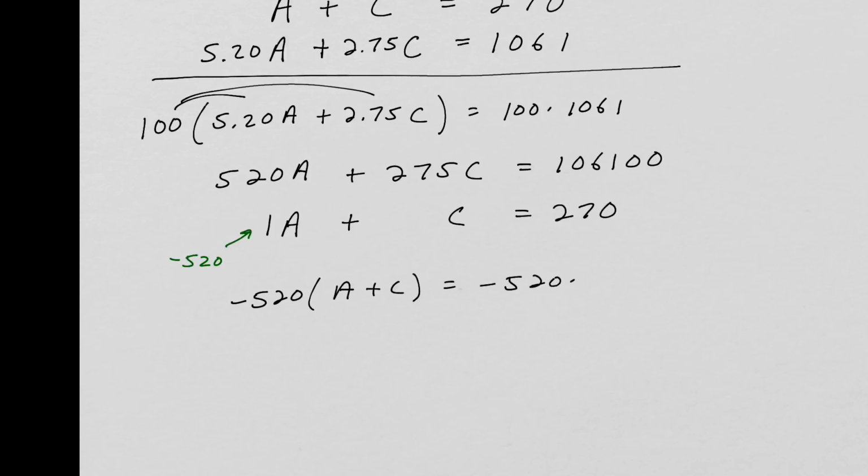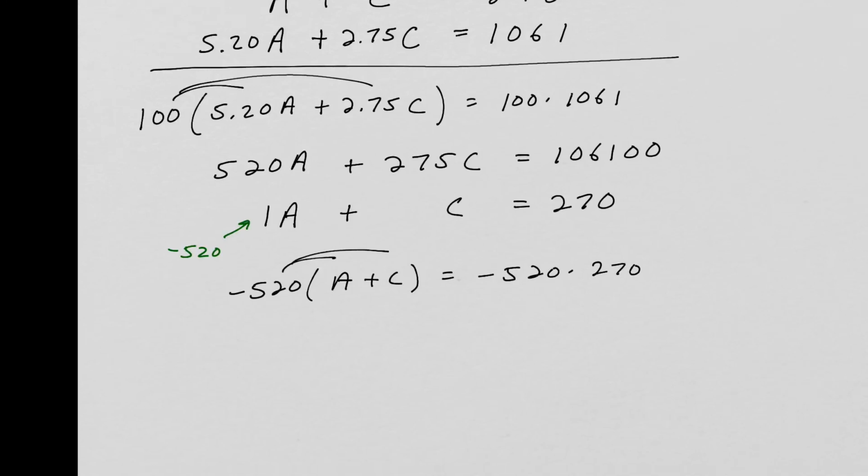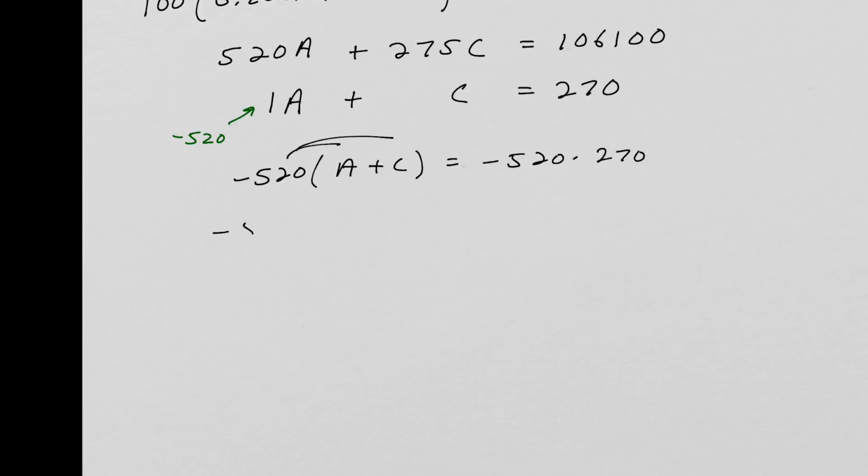And again, don't forget the right-hand side. Okay, so if I do that, right, I'm going to get negative 520A minus 520C is equal to negative 140,400.